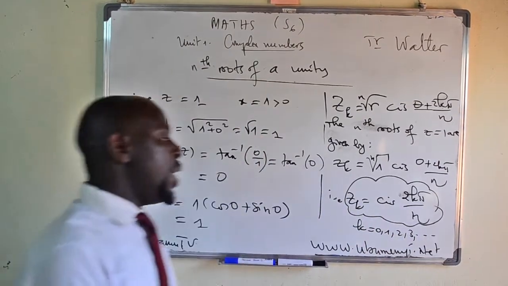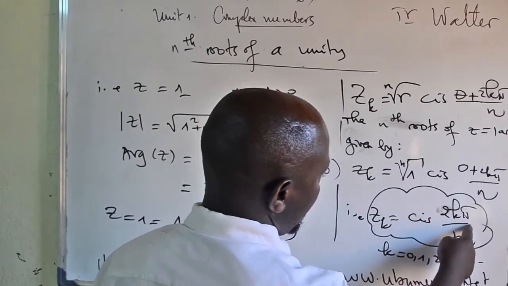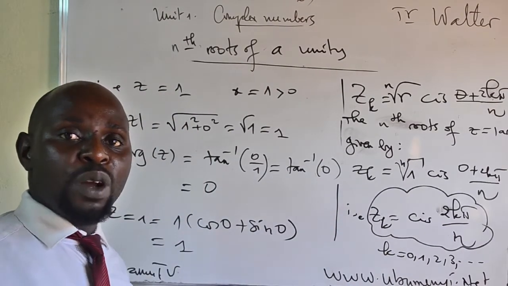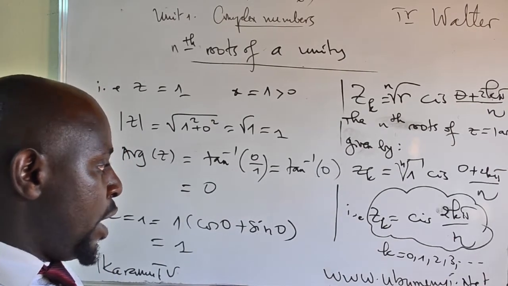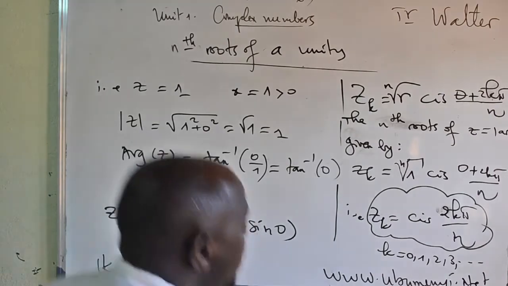If you use this formula, zk equals cis 2k pi over n, you'll be able to find the nth roots of a unity, which means z equals 1. Let's have an example.